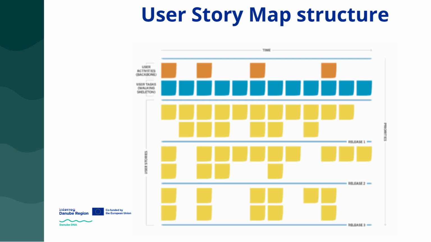Now, let's examine the structure of a user story map. In this framework, the top row, represented by the orange cards, contains user activities and goals. This is a crucial point to remember. Directly beneath, in the next row, represented by the blue cards, we find the individual steps leading to these goals.